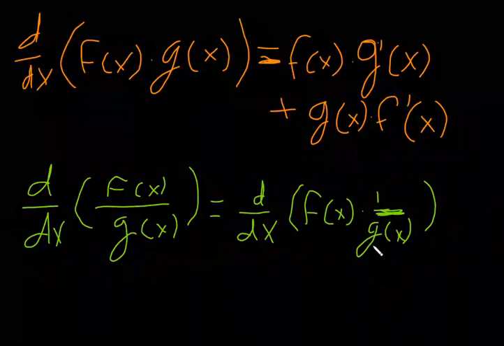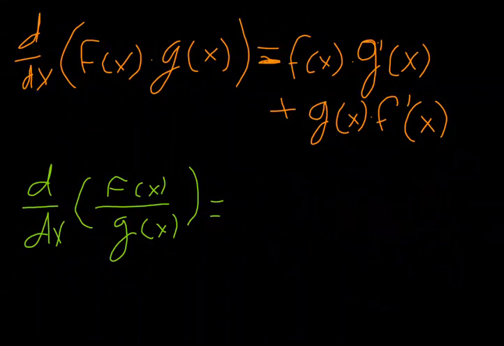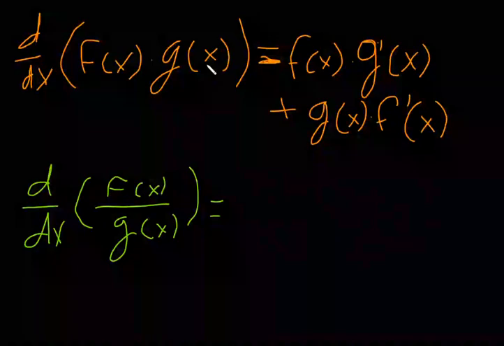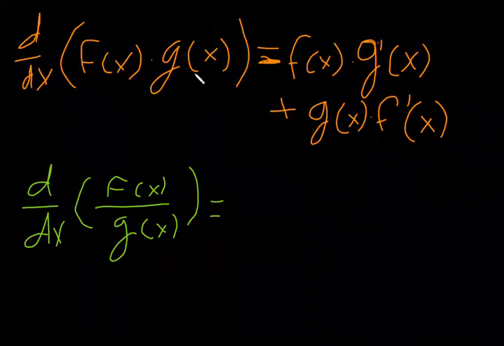Actually, if we do the product rule with this, we get another formula, and it will be the quotient rule. So the quotient rule is really just the product rule with the second thing being 1 over g of x. But nevertheless, it is a nice formula to have when differentiating.